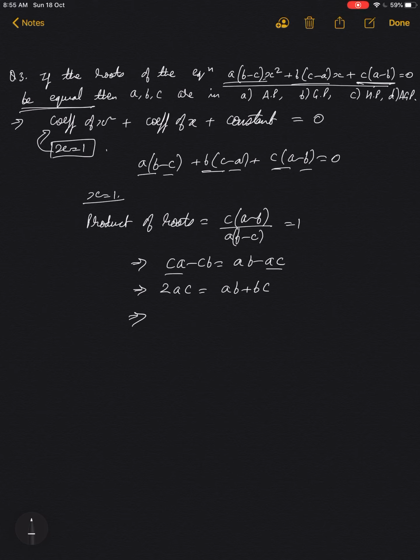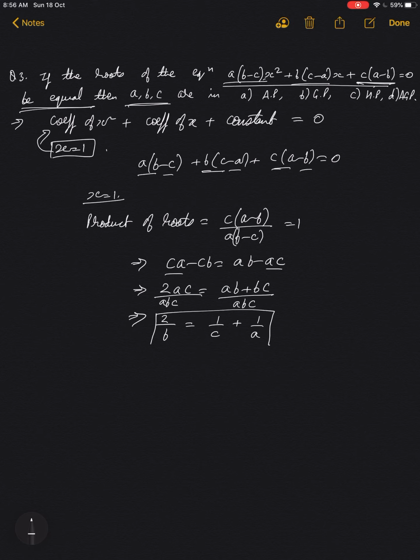Now we have to find a relation between a, b and c. But we have ab, ac and bc. Then what we have to do? We have to divide the total equation by abc. Then we'll get the relation in terms of a, b and c. We'll get 2 by b is equal to 1 by c plus 1 by a.